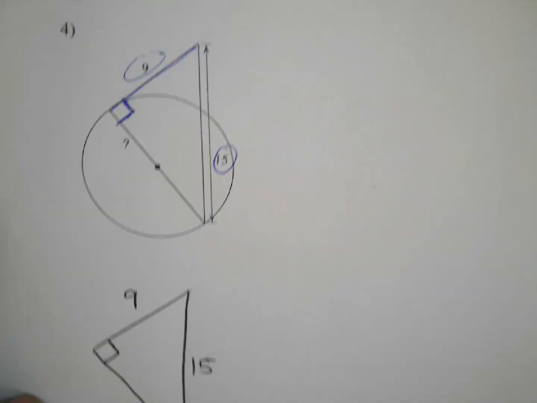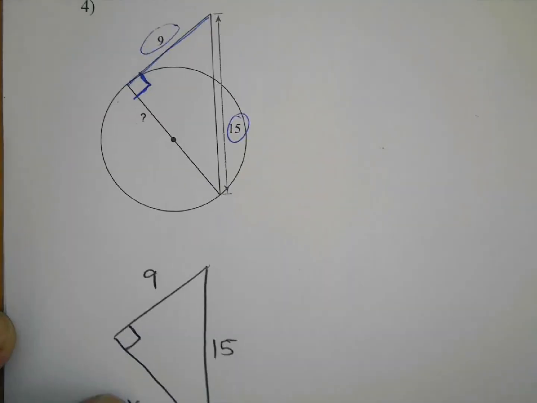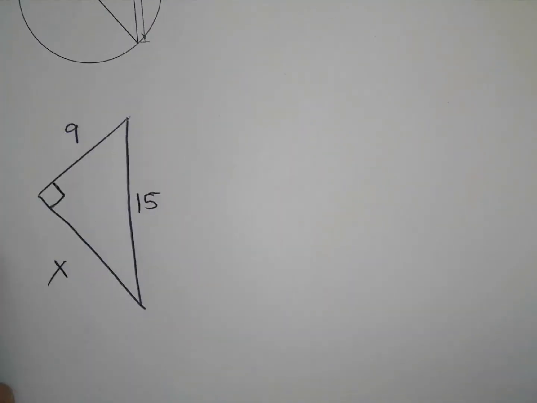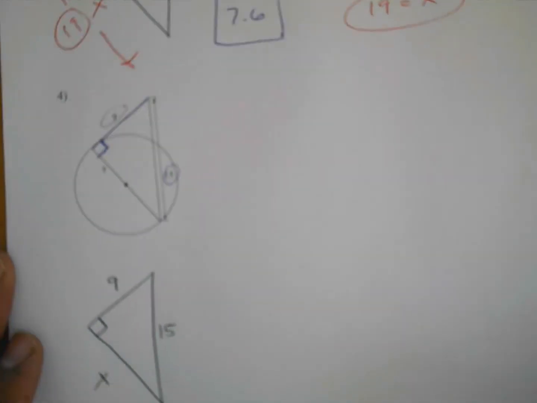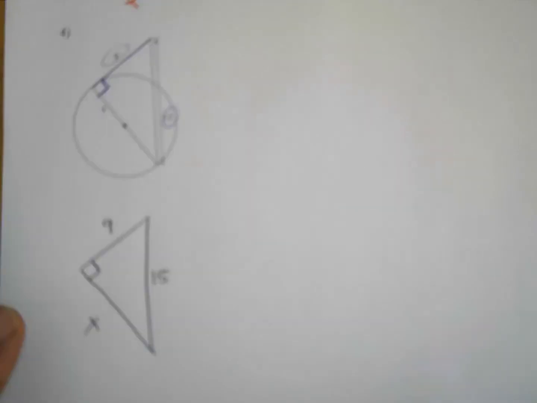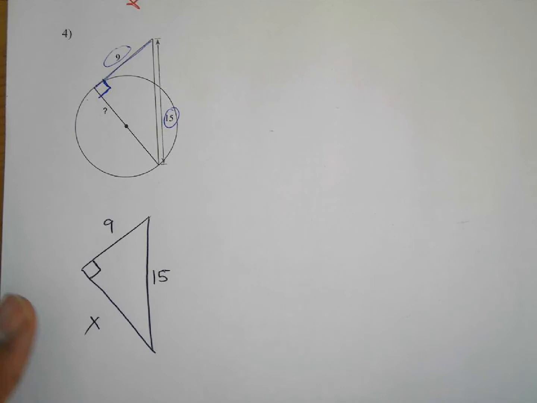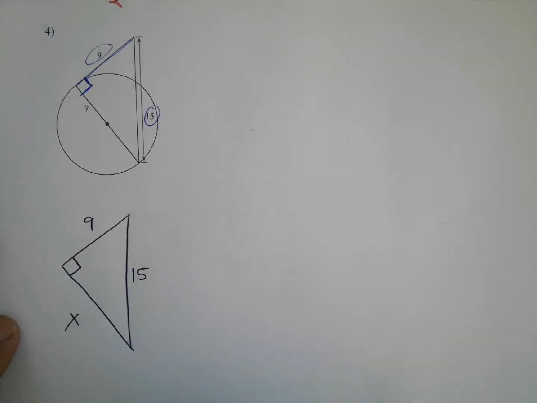I'll just call it X, right? Oops, sorry. I'm just going to draw it again. I know 9, I know 15. And let me zoom out a little bit here. And then I know I'll be able to use Pythagorean theorem, right, to find this side.